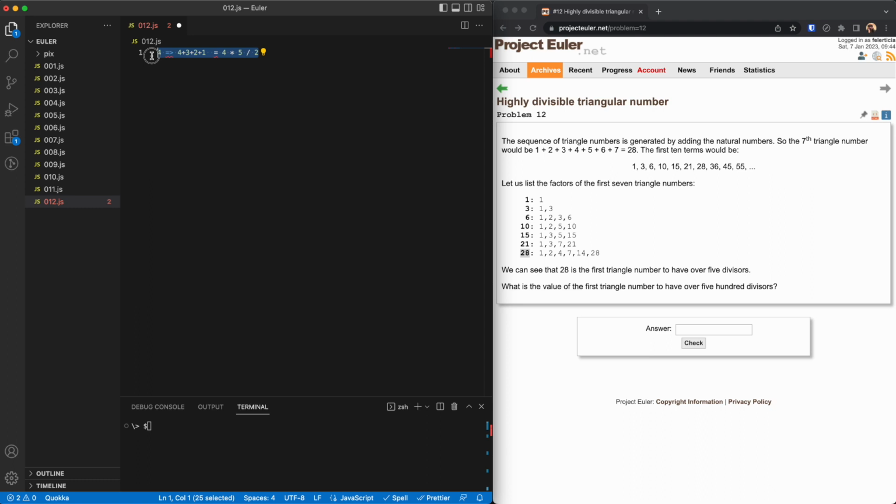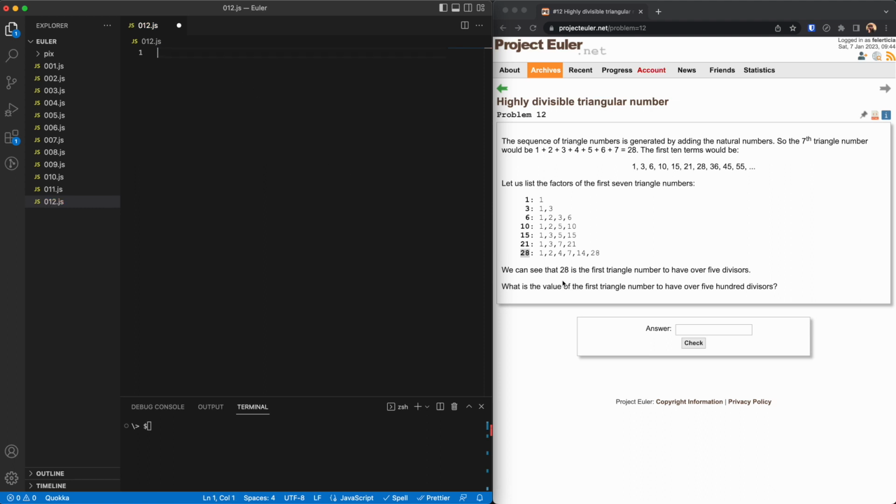So this would make our life much easier. Instead of going in a for loop from 4 to 1, and for bigger numbers from, I don't know, 1 million to 1, we can just have 1 million times 1 million plus 1, divided by 2. So this is the first point.